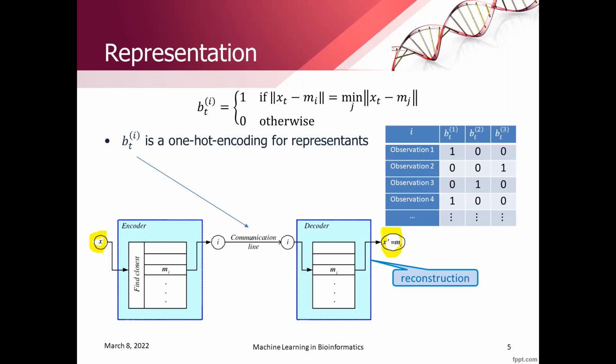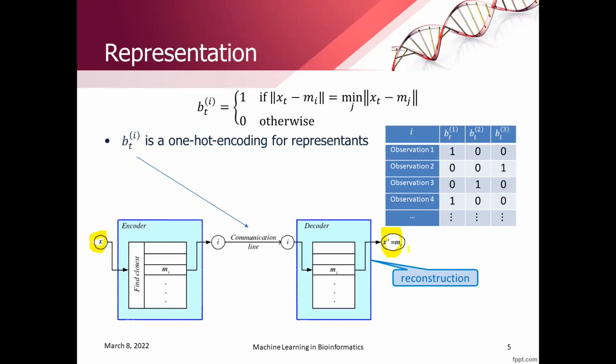So what can we do? We obtain some observation, and on the right-hand side, we would like to obtain some vector which is as close as possible to the original observation. But we know that we cannot transfer the vector as a whole. We can transfer just one of k numbers.